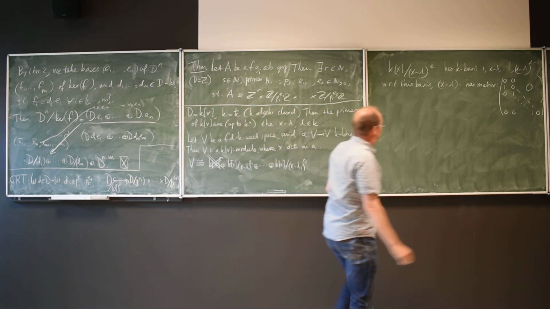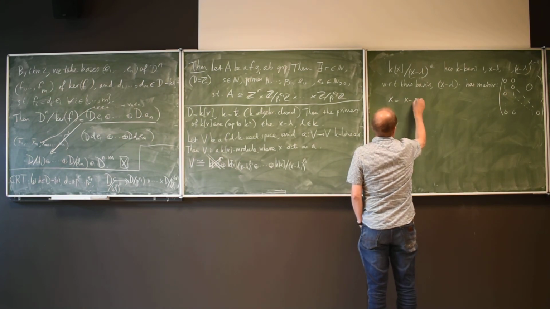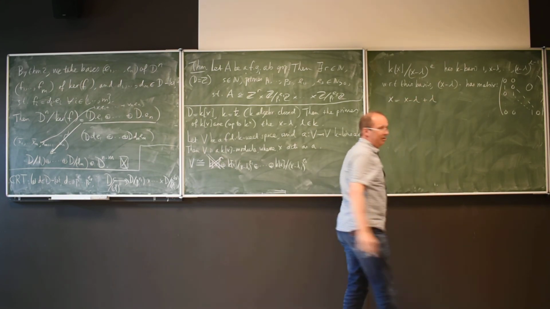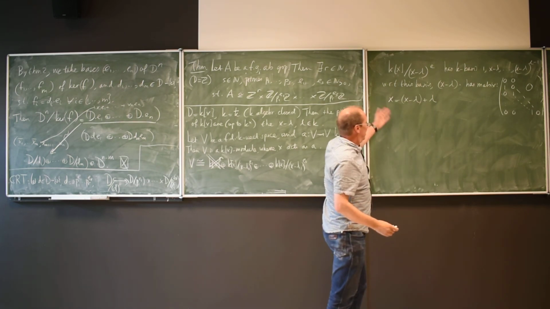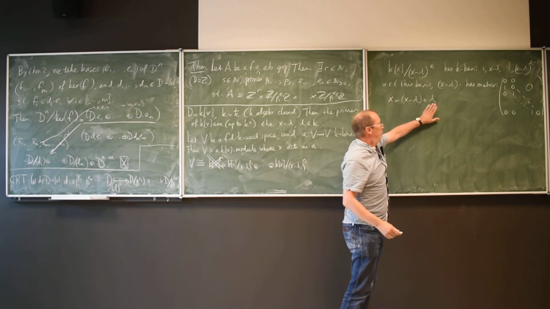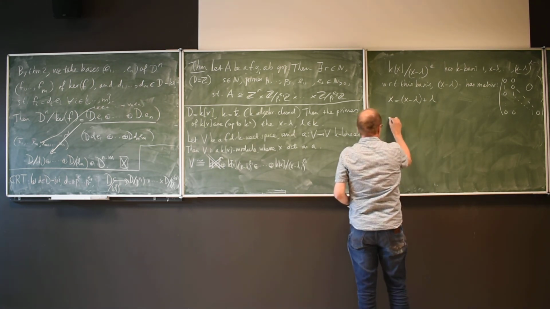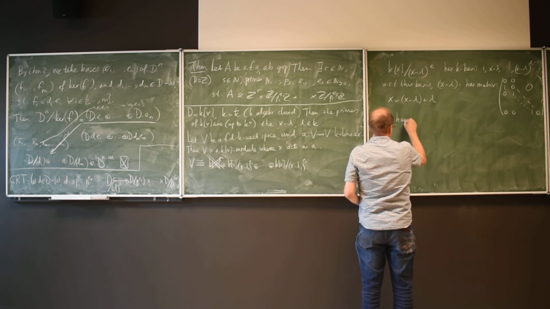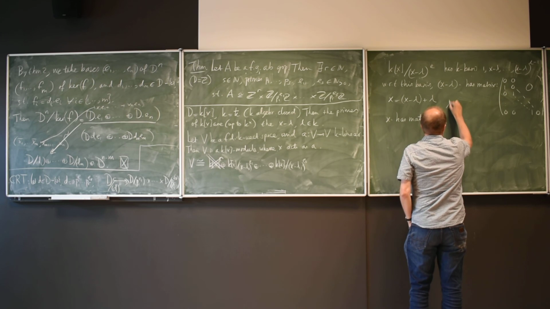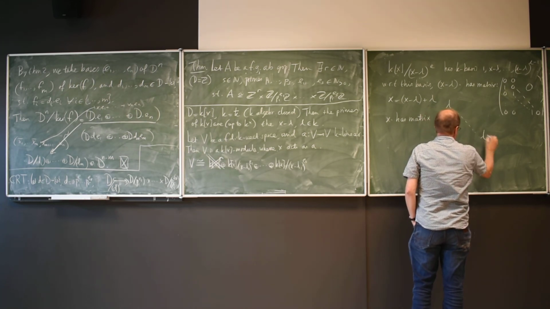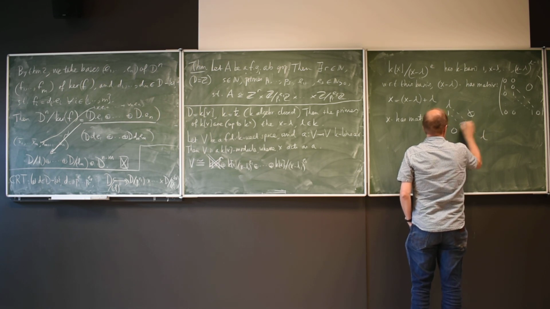But then x is x minus lambda plus lambda, right? And so the matrix of multiplication by x is the matrix of this plus the matrix of multiplication by lambda. So multiplication by x has the matrix that you are familiar with: lambdas on the diagonal, ones below the diagonal, and zeros everywhere else.